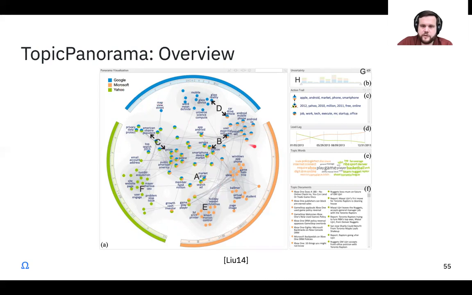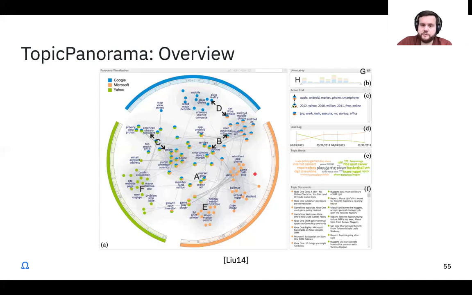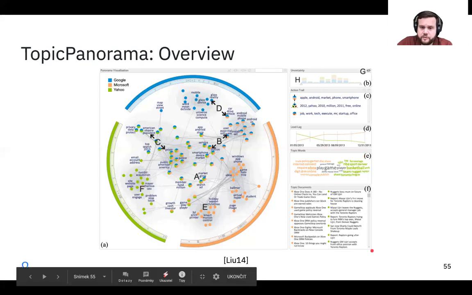The topic words are a cloud visualization, and we see a multi-view design with the graph taking the main portion of the screen, and some details on demand here. It shows different levels of aggregation. So this is a summarization view. This is a detail view, where we see the actual topic documents, again color coded by the provider.